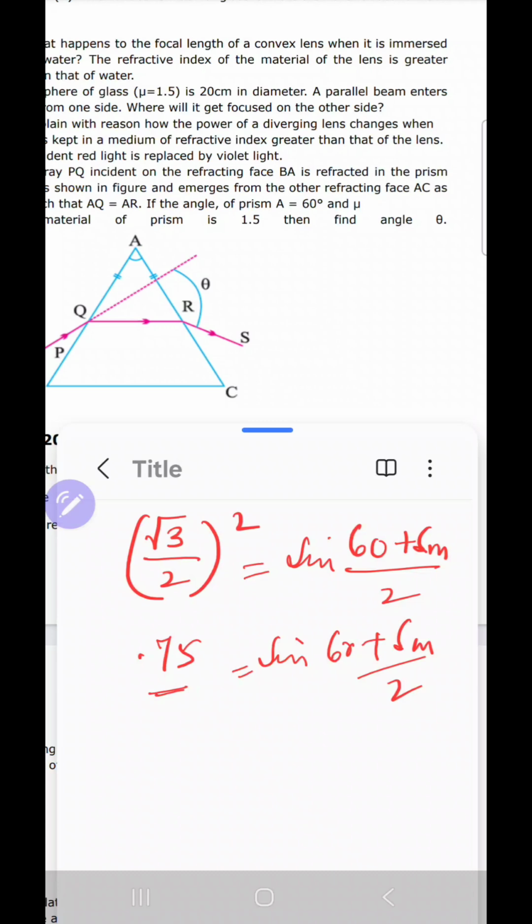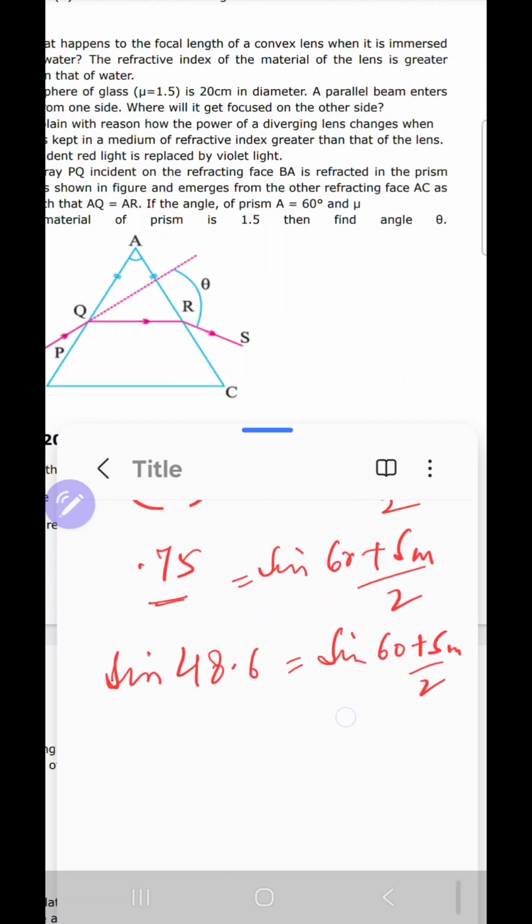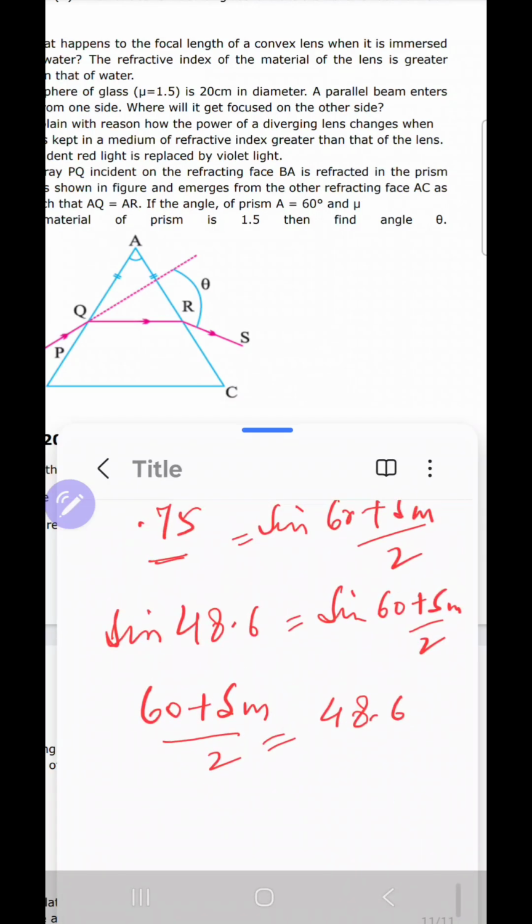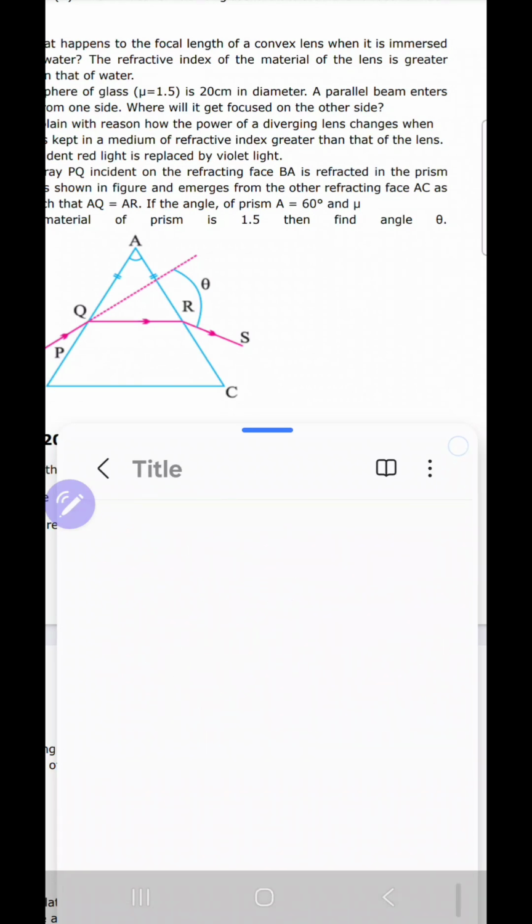This value is for sine of 48.6 degrees approx, and here it is sine of (60 plus delta m) by 2. So making comparison, (60 plus delta m) by 2 is 48.6. So delta m would be 48.6 into 2 minus 60.